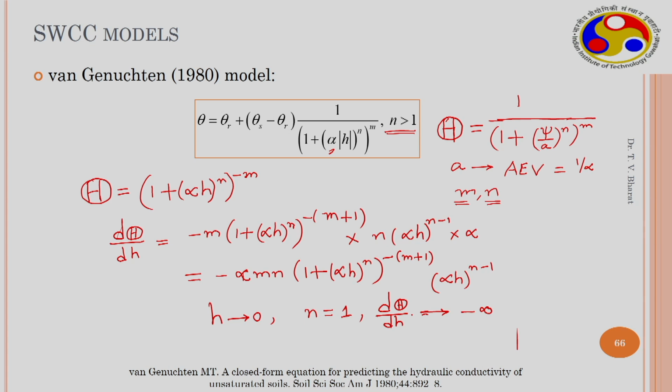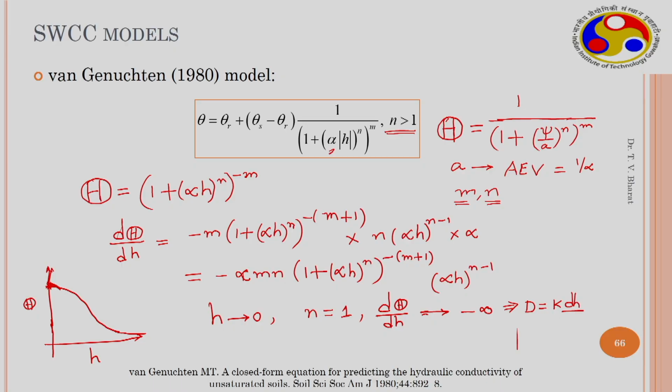So the slope of the soil water characteristic curve, at this point where h is very close to 0, approaches minus infinity. So that means this will never go to 0, but it approaches minus infinity.